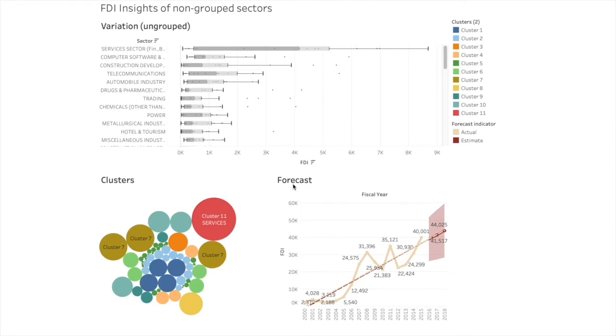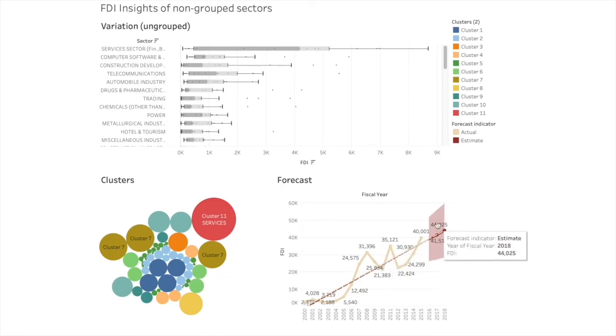I made a forecast by plotting the FDI against the number of years recorded, and we can see from this graph that there is a positive relationship between the FDI and the years recorded. This straight line tells us that there's about 80% predictability based on the several records that we have here.